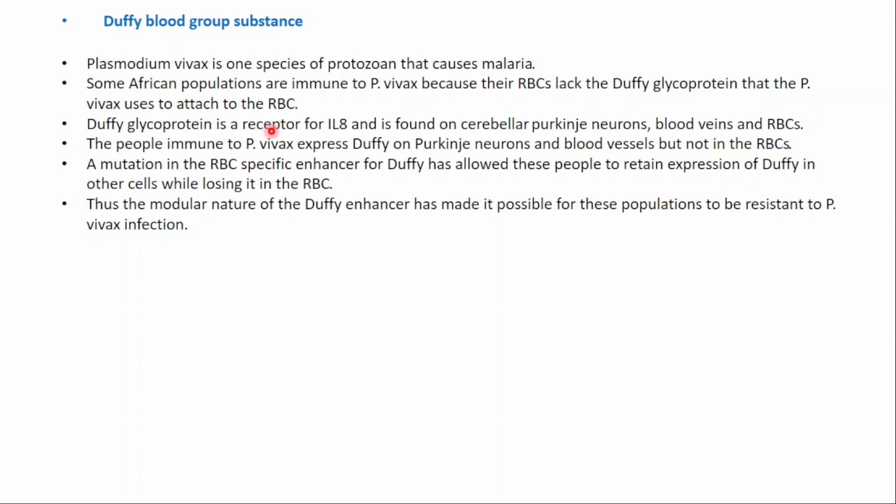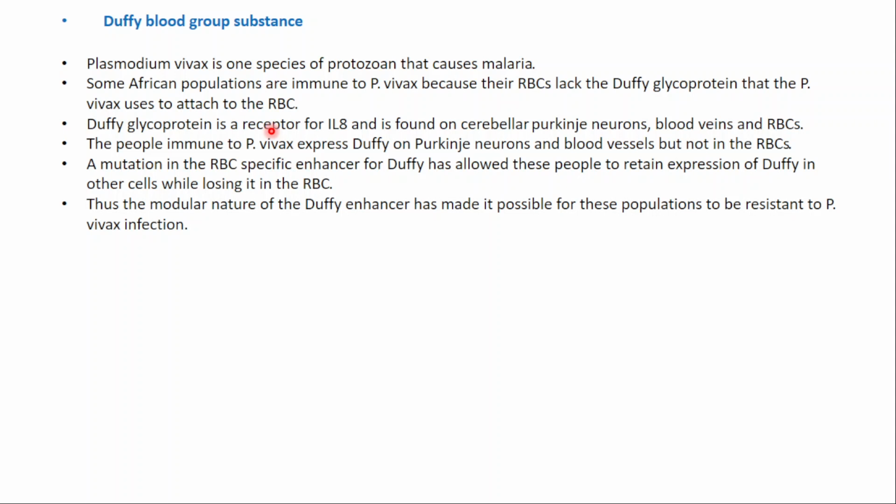So here is the enhancer modularity reason. Only the RBC specific enhancer harbors a mutation which does not produce Duffy coat in the RBC, but the Purkinje blood vessels and every other cell type which naturally expresses Duffy coat is still expressing it. Thus, the modular nature of the Duffy enhancer has made it possible for these populations to be resistant to P. vivax infection.